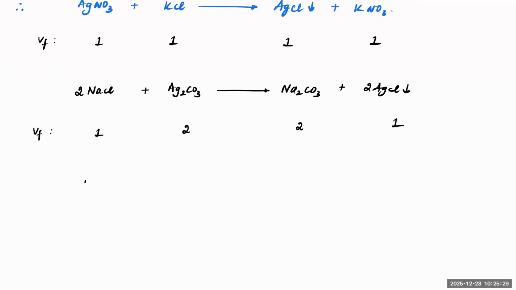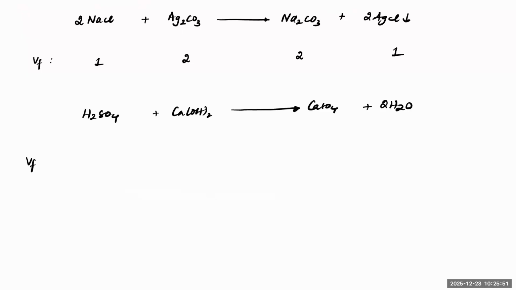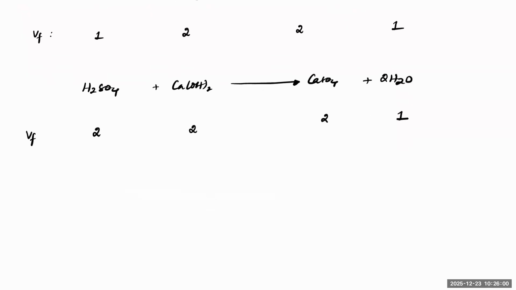And any acid-base reaction for that matter, if you have H2SO4 plus calcium hydroxide, it will convert into calcium sulfate plus 2 moles of H2O. Acid-base reaction. So valency factor in this case is 2, 2, 2, 2, 2, and 1. Is that okay? Yes, sir.